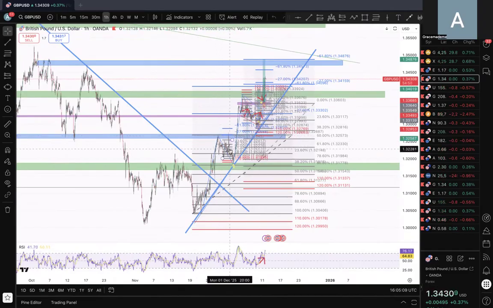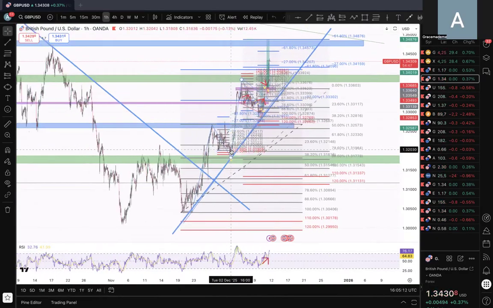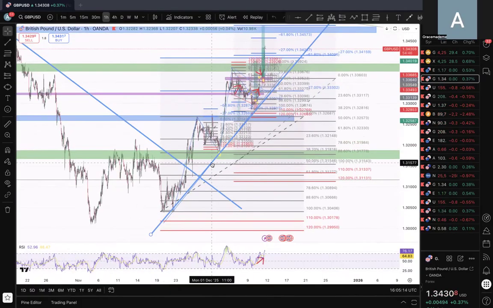So definitely structure had changed, and we're waiting for a change in pattern, like an upward trend.